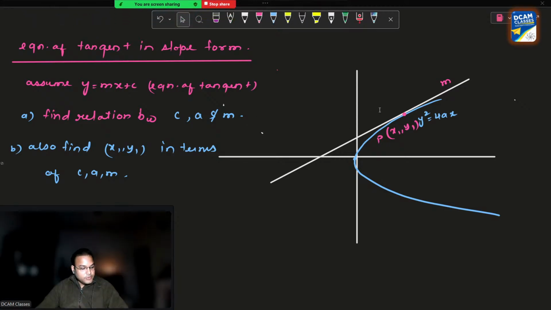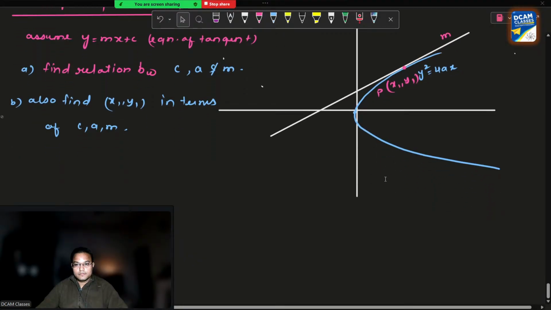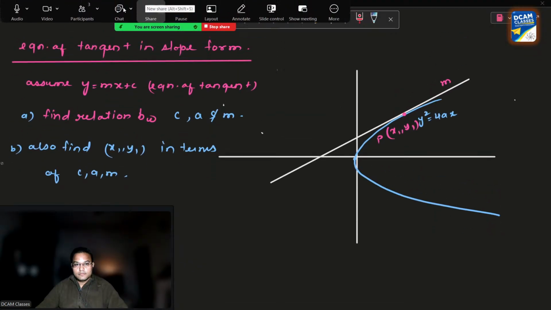Haripriya, Diva, are you getting the idea? Are you able to solve it, or you want me to solve it? Should I solve it?